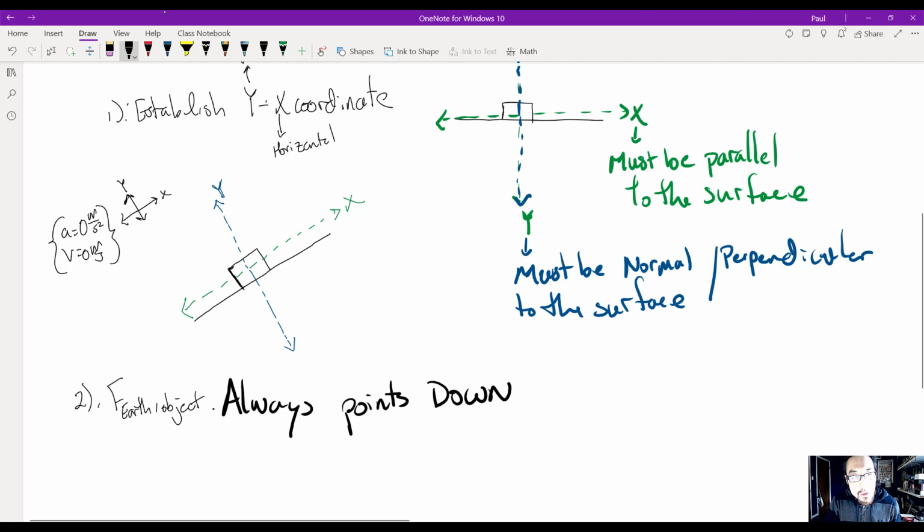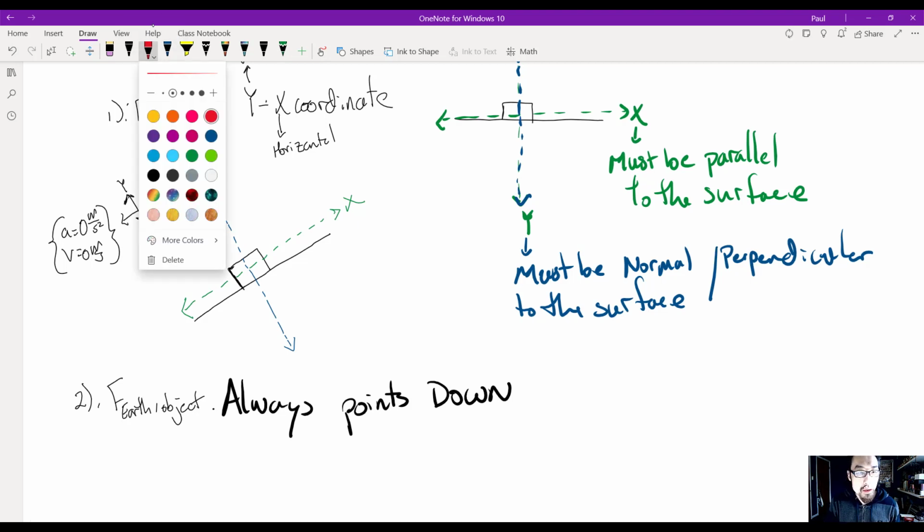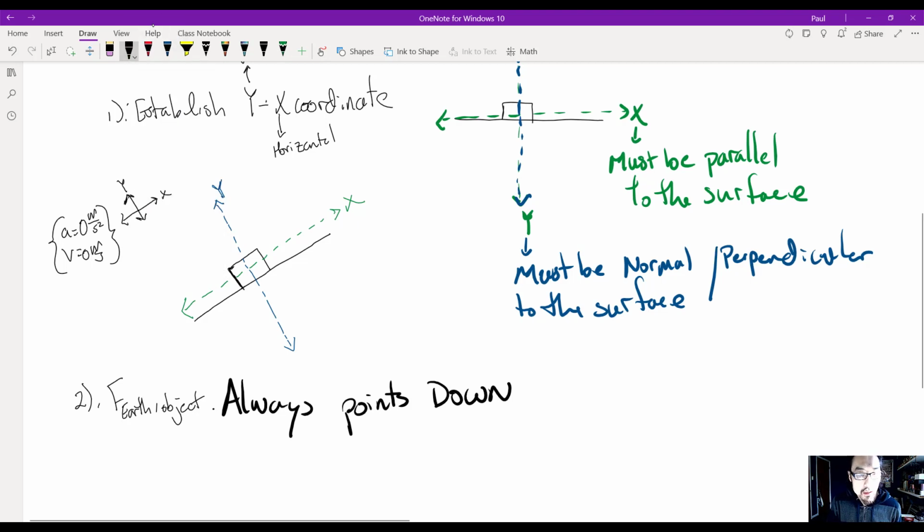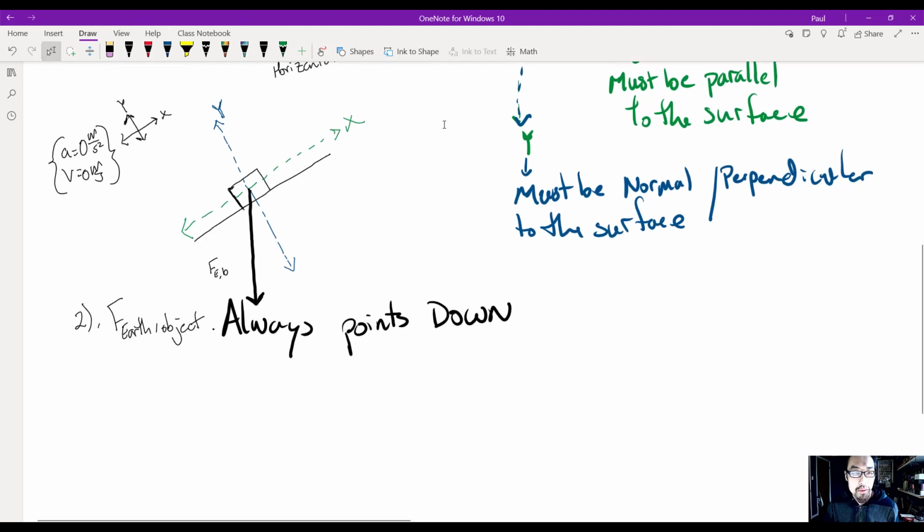Our force of gravity always points down. I'll do my force of gravity in black. There we go. So from the object, I'm going to go straight down, just like that. We're going to label this F of Earth on book. Straight down.